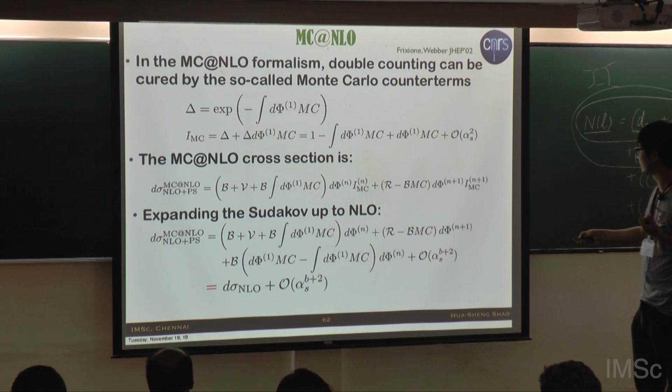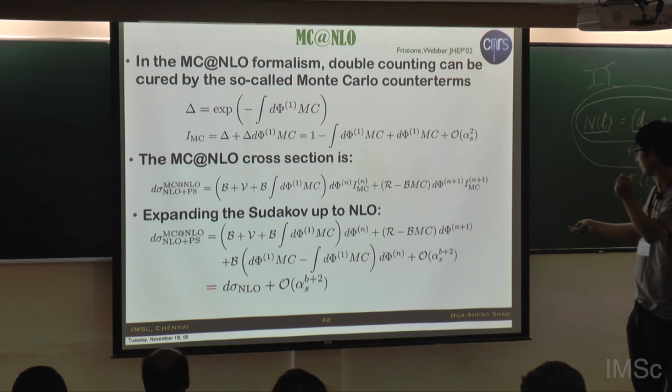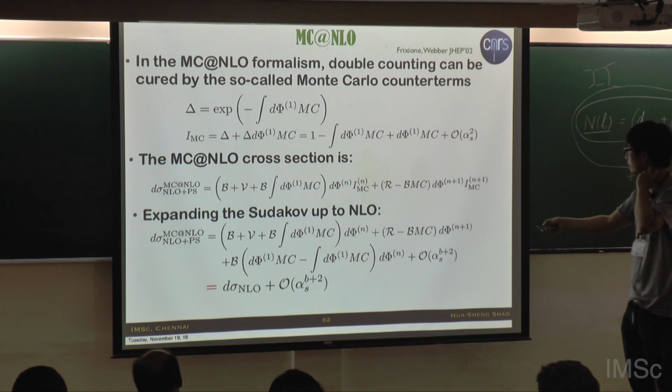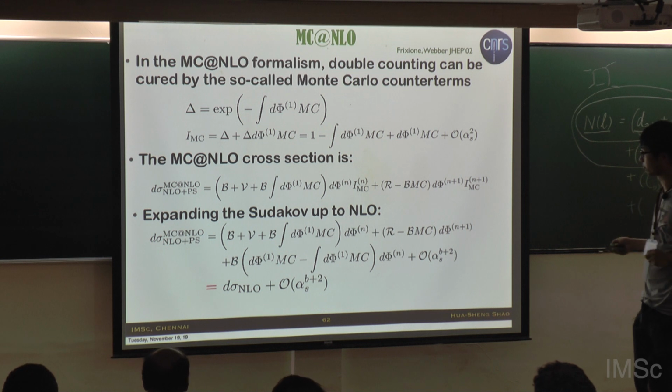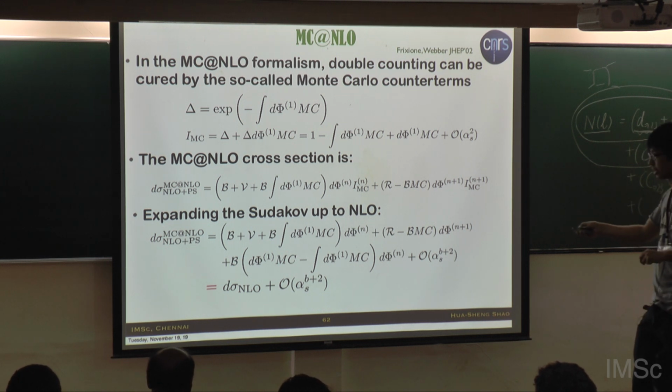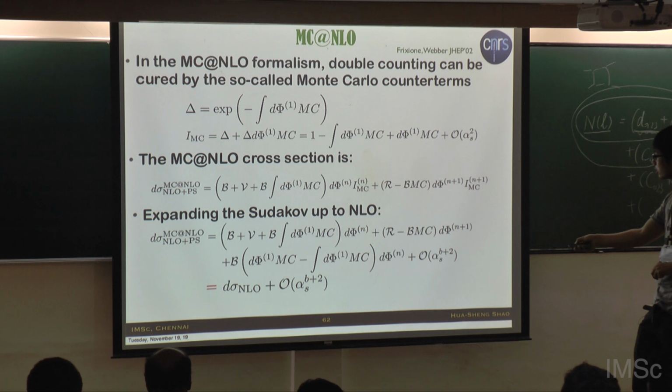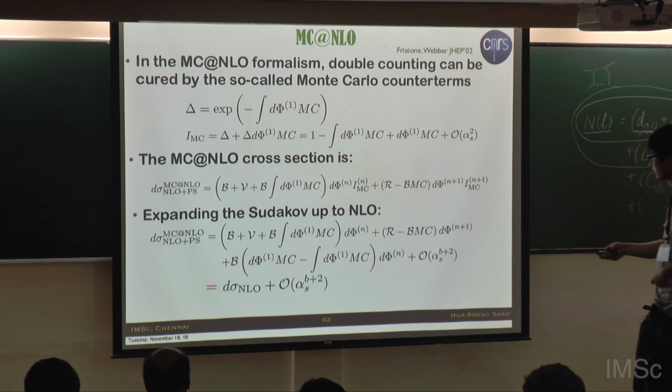You can see that my counterterm, the Monte Carlo counterterm I introduced, will cancel the double counting piece from my parton shower. So this is just the next-to-leading order. I recover the next-to-leading-order cross-section for MC, plus higher orders, of course.